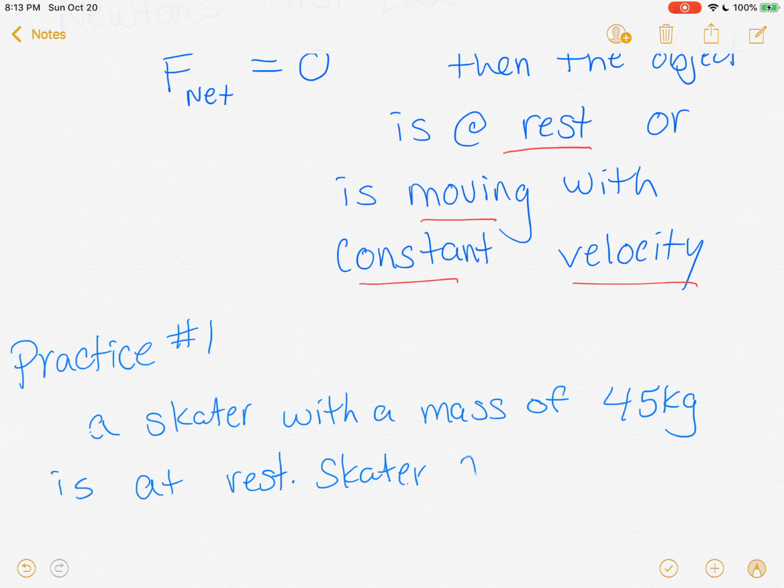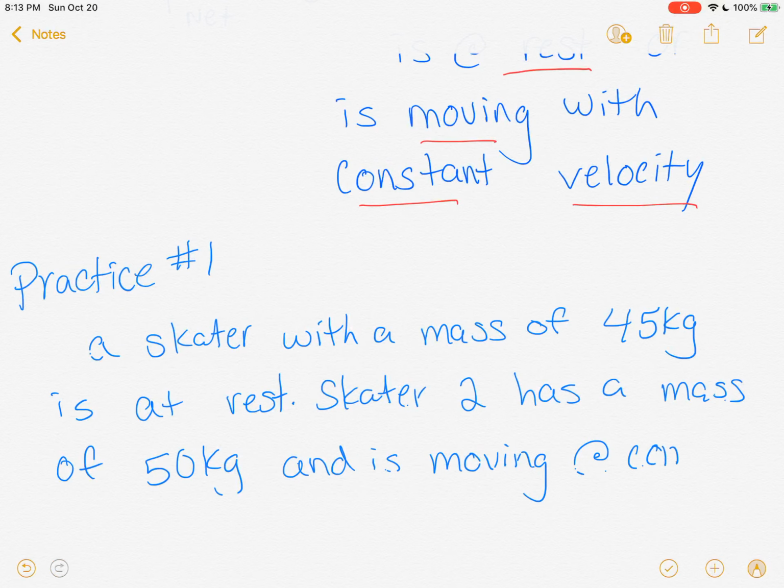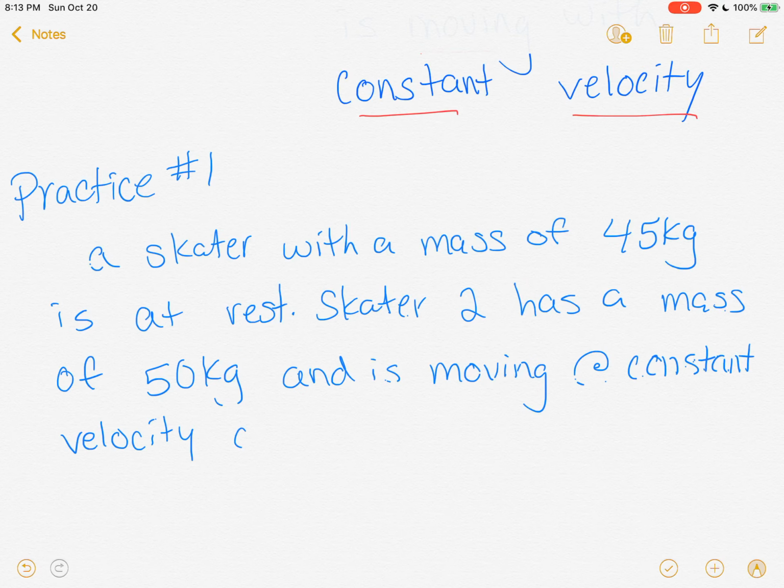There's a second skater, so skater 2 has a mass of 50 kilograms and is moving at a constant velocity of 3.2 meters per second to the east.